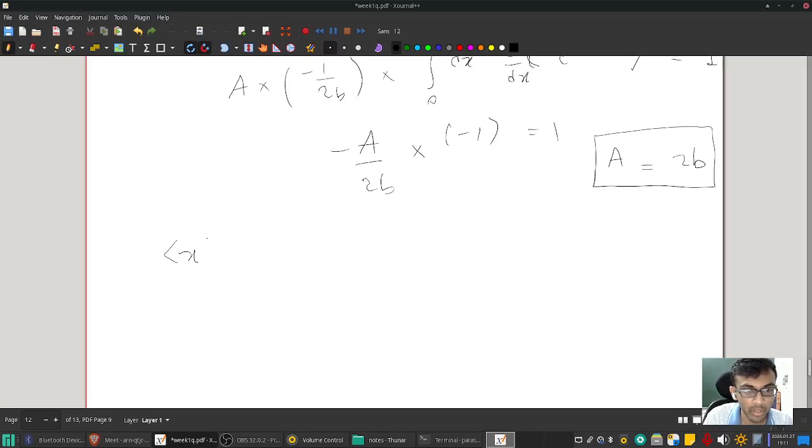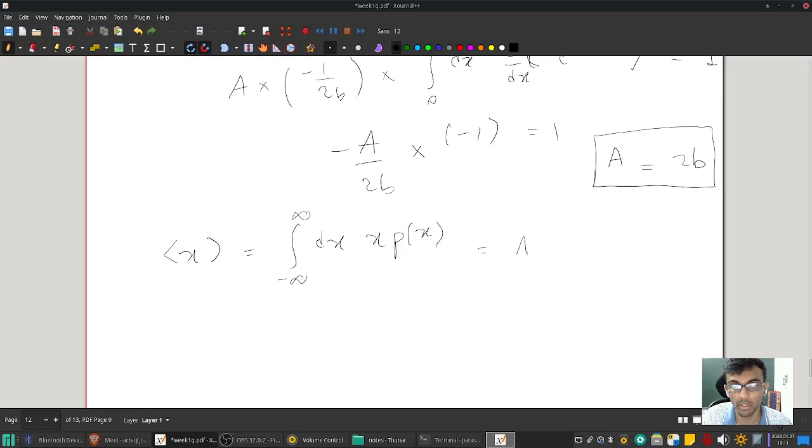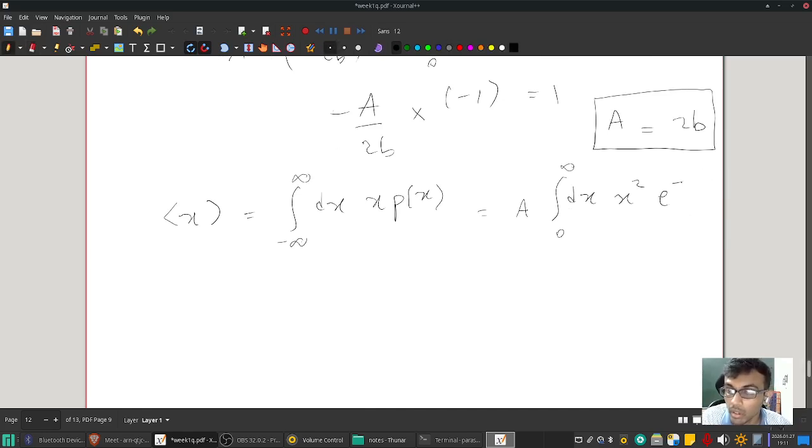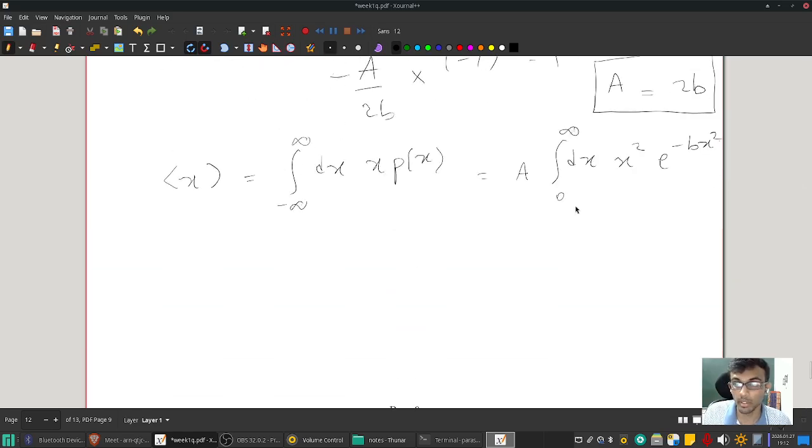So the mean is simply the integral. So in this case, it is simply... All right.